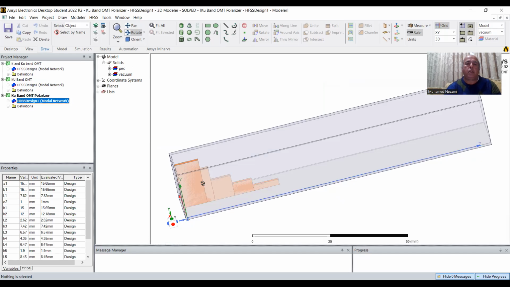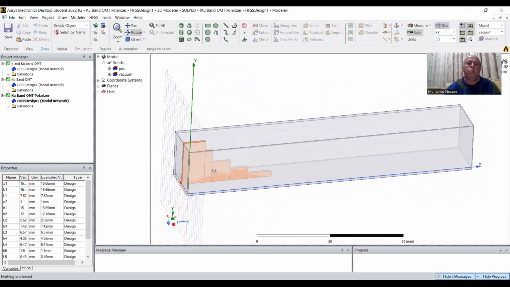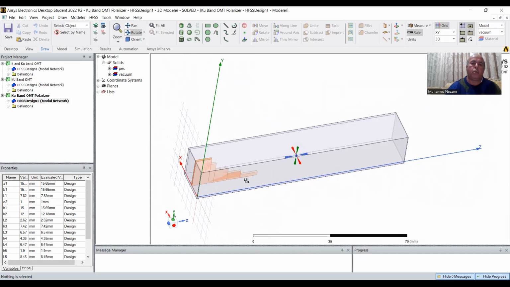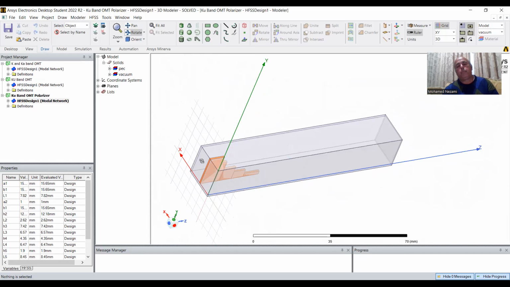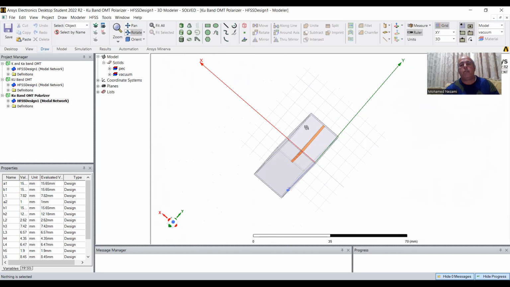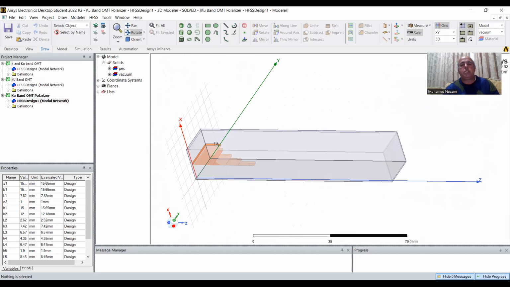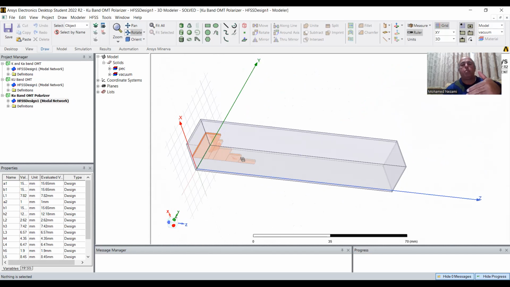And last but not least is this device in here, which is a simple polarizer. It's still considered an OMT because you can come in with two different signals in here. These are considered on this side. It acts as a square waveguide, and it has this stair septum, a metal septum that is placed right in the middle.